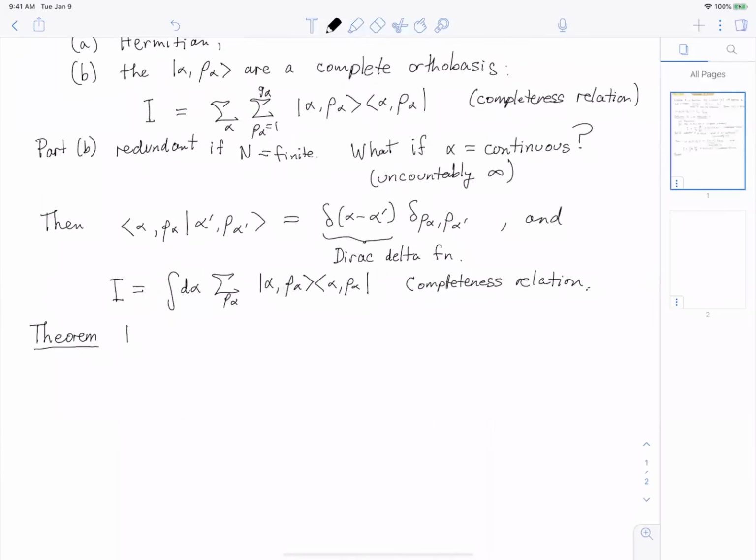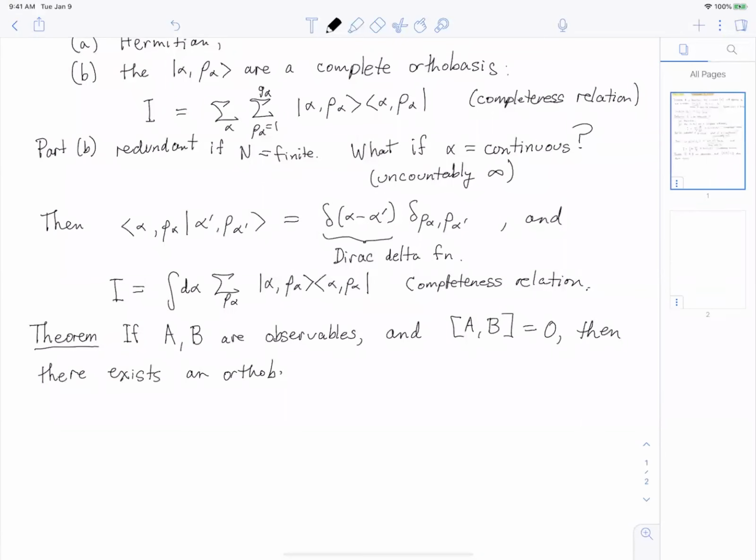So the theorem says if I have two observables, let's call them A and B, and they happen to commute, so the commutator of A and B is 0, then there exists an orthobasis in which they're both diagonal.